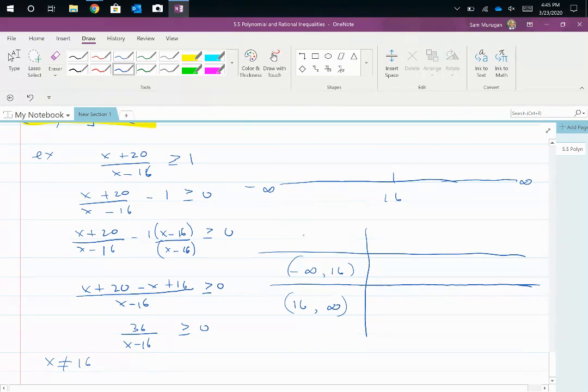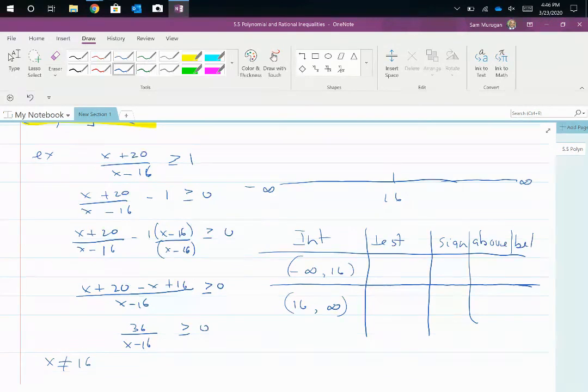Okay, interval, test, sign, above or below. So testing a number between negative infinity and 16, we can probably test, say, x equal to 0. That's a good number.